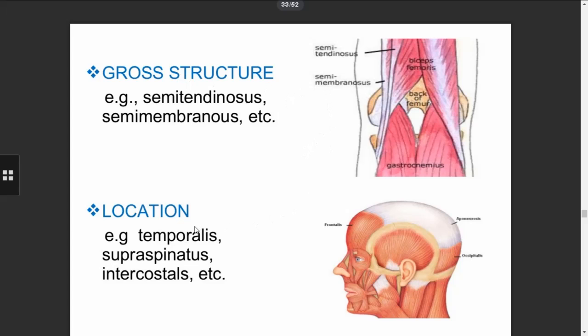And on the basis of their location: temporalis, supraspinatus, intercostal. Intercostal is between two costal cartilages. Supraspinatus is above the spine. Temporalis is in the temporal region here.